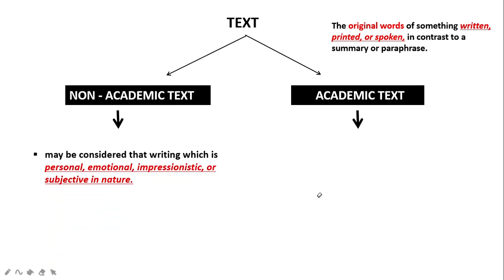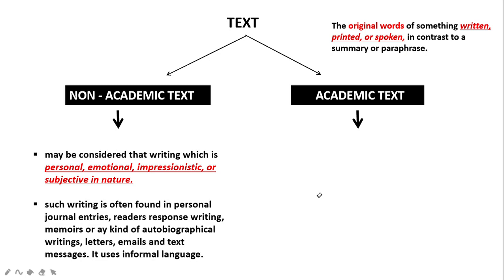So non-academic text is considered as personal, emotional, impressionistic, or subjective in nature. Such writing is often found in personal journal entries, reader's response writing, memoirs, or any kind of autobiographical writings, letters, emails, and text messages.